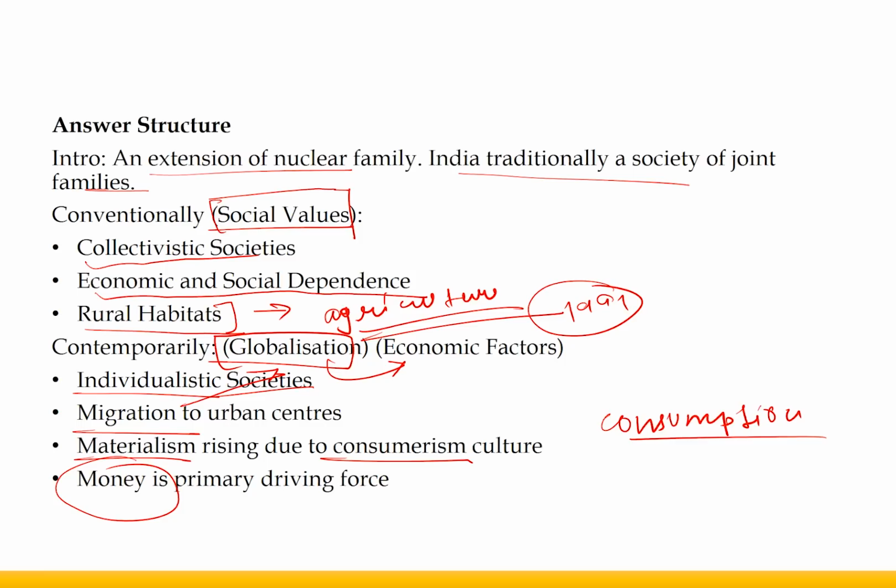Money has become the primary driving force, which is why brothers are fighting with their own brothers and they are separating. So from here I think you can easily frame an answer, right? Understood? This is what I was talking about when I talk about a flow. From here to here, you can essentially make a flow chart.